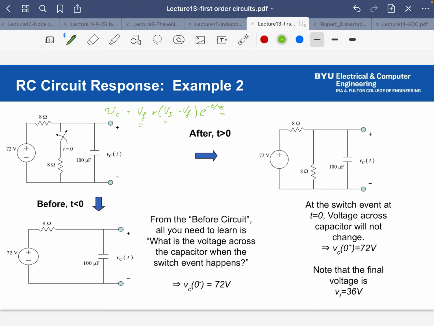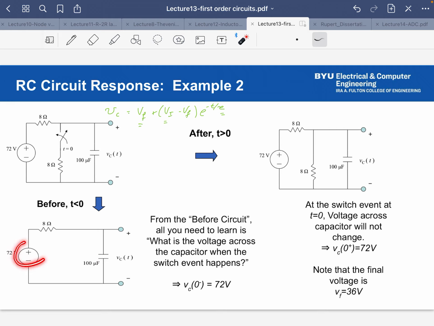To find the initial voltage, we look at time t before 0 and assume that everything is charged up, or it has been there for a long time. Remember, current can't really pass through this capacitor.